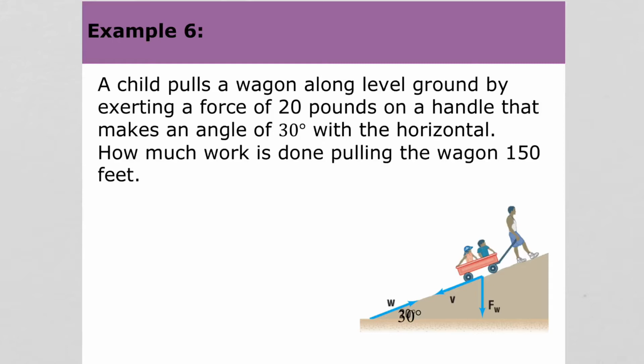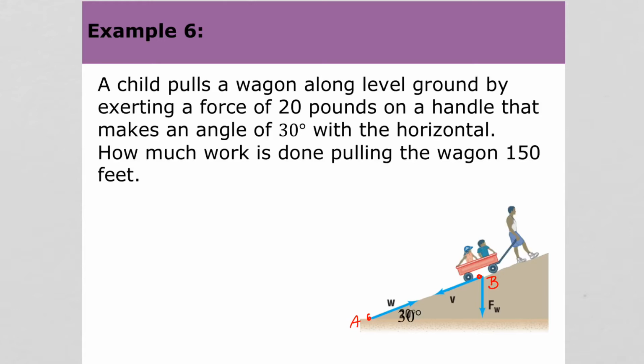So 150 feet is our distance vector, or vector AB, between points A and points B. Okay?